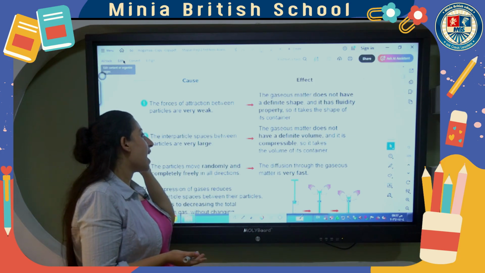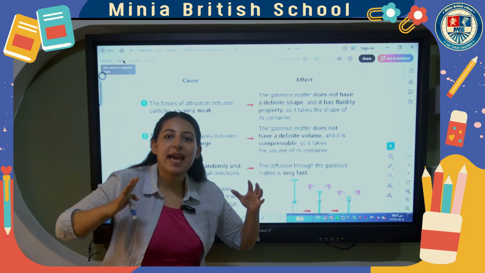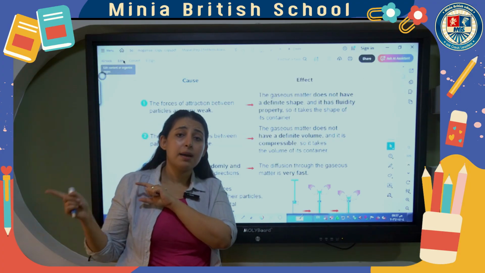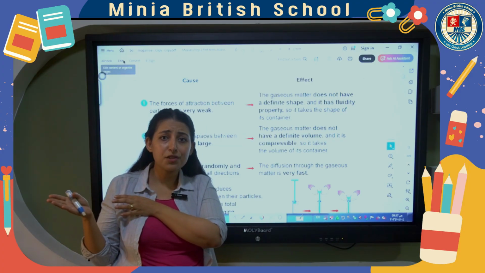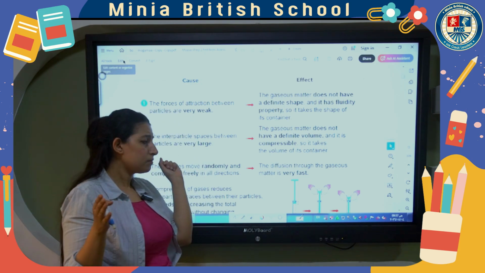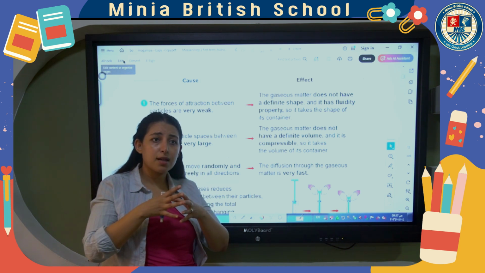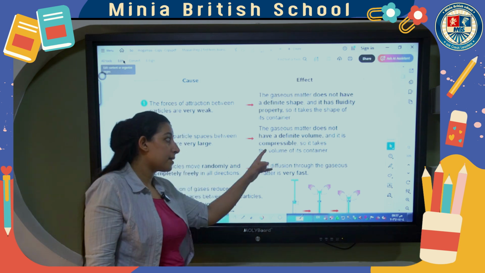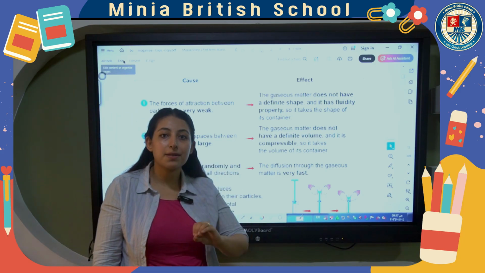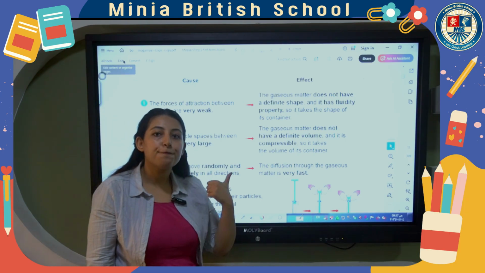Due to the interparticle spaces, which are very large, so they can be compressed easily, against solids and liquids, because there are smaller interparticle spaces between their molecules. So we can't compress them because there are tiny spaces already between them. But gases, no. Gases only are compressible matters due to the interparticle spaces between them, which are very large.